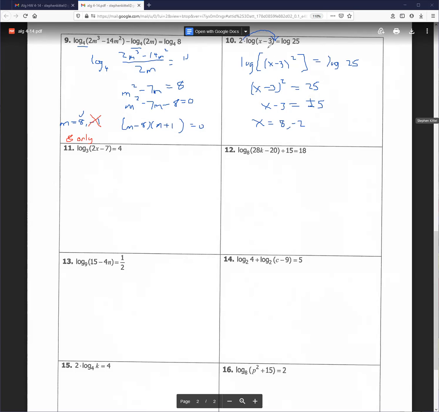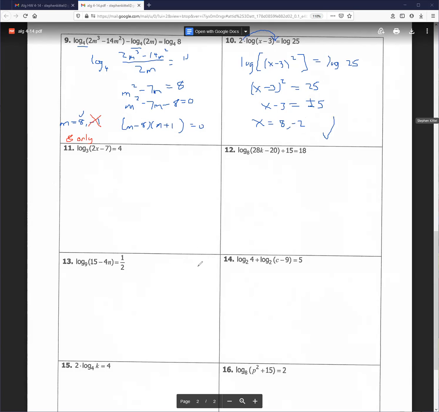But then we test our answers. If we put in an 8, 8 minus 3 is 5, 5 squared, that works. If we put in a negative 2 here, negative 2 minus 3 is negative 5 squared is positive 25, that also works. So even though this is a negative number, it's a valid answer. Looks weird, but it works.